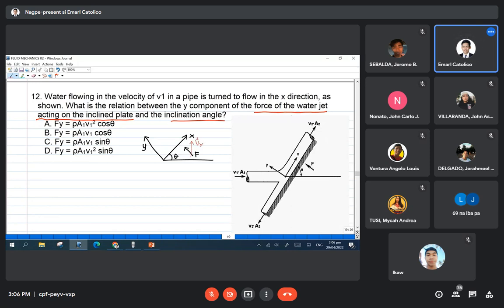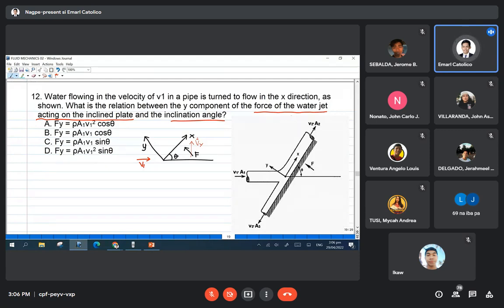Tapos meron kang d1. Kasi yan yung papasok eh. Okay.